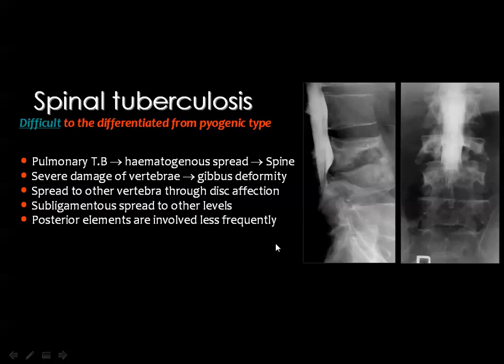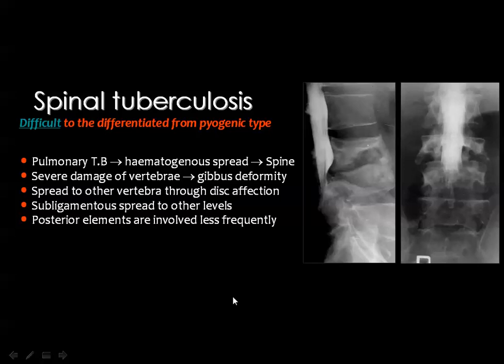Then the infection of the spine by TB is usually the sequela of pulmonary tuberculosis, leading to hematogenous spread of the organism to the spine. And the major manifestation of any infection in the spine is involvement of the disc, as well as the above and the below vertebral end plates.